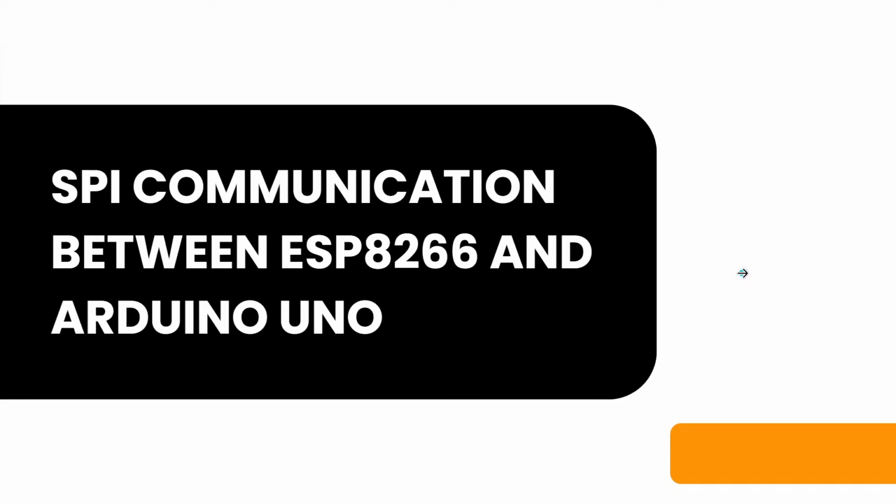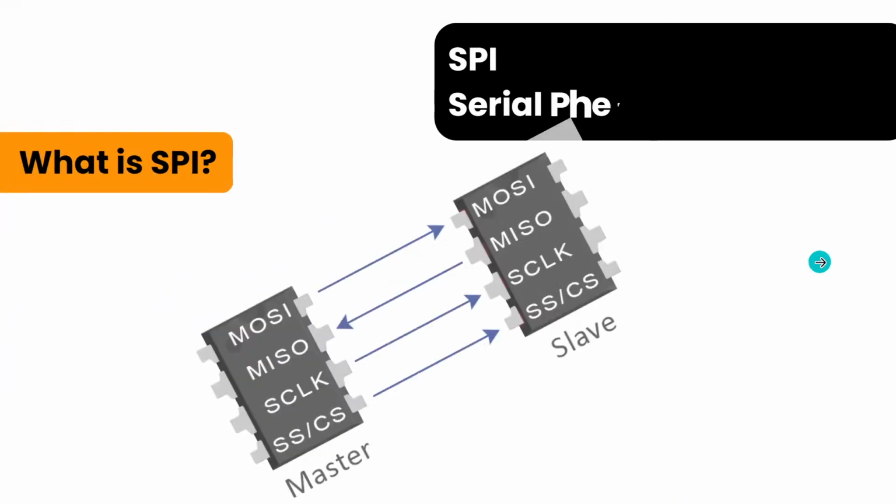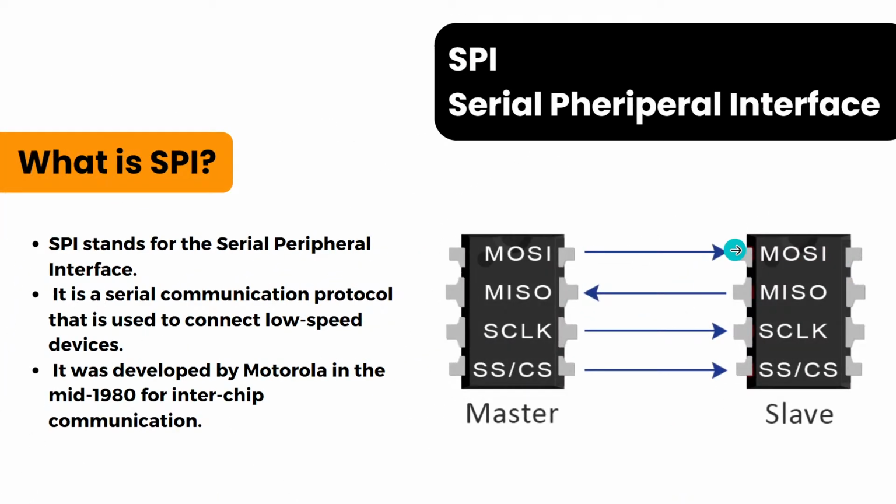Today's topic is SPI communication between ESP8266 and Arduino Uno. First, let us talk about what SPI is. The abbreviation of SPI is Serial Peripheral Interface.